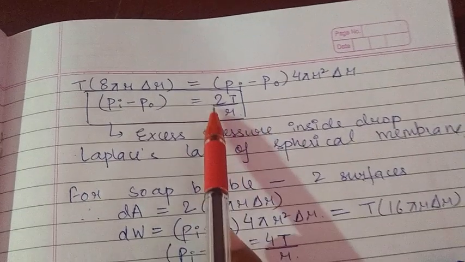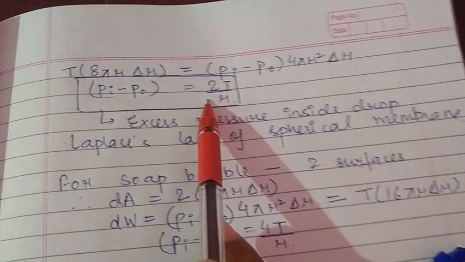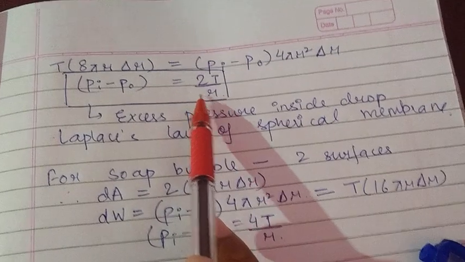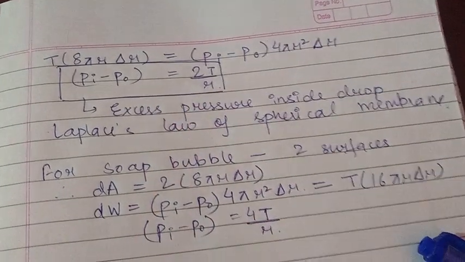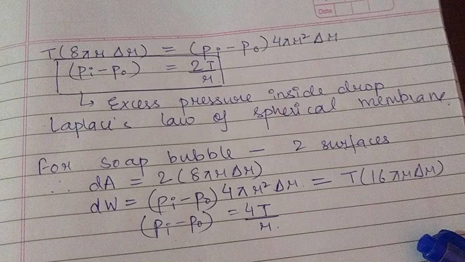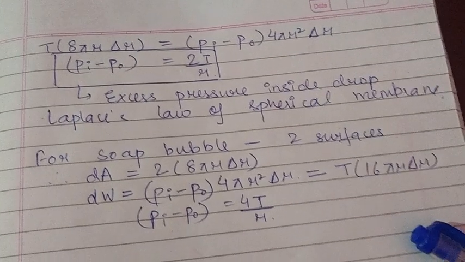Now this equation gives the excess pressure inside the drop, and this is also called the Laplace law of spherical membrane. Now if you consider a soap bubble, it has two surfaces.